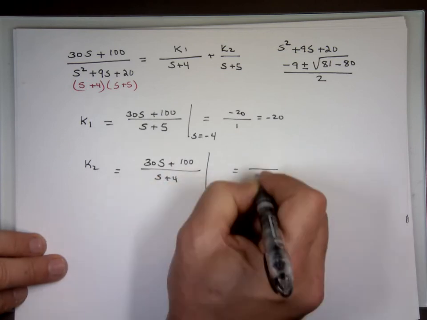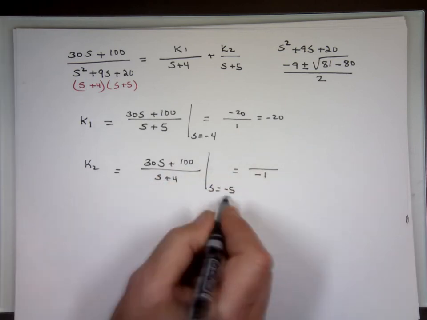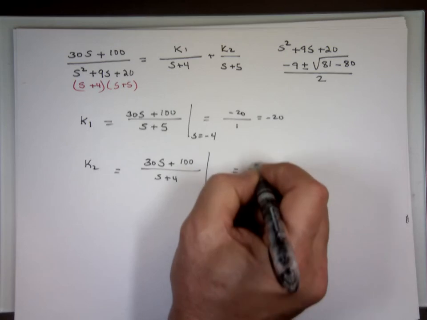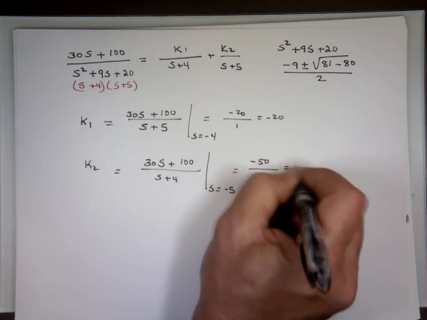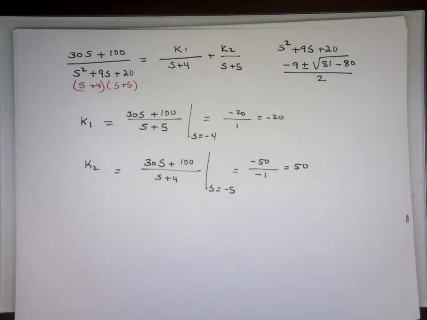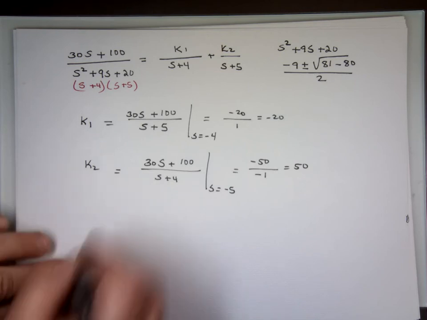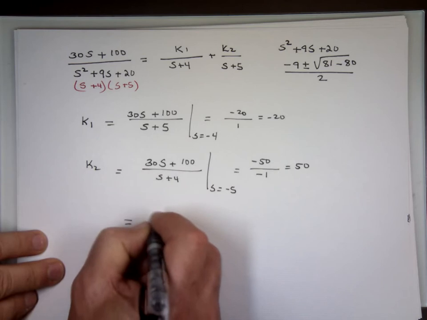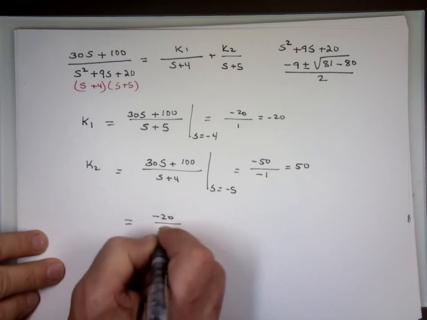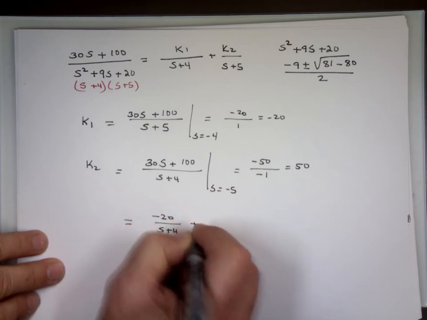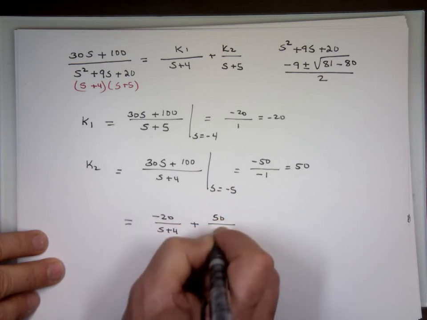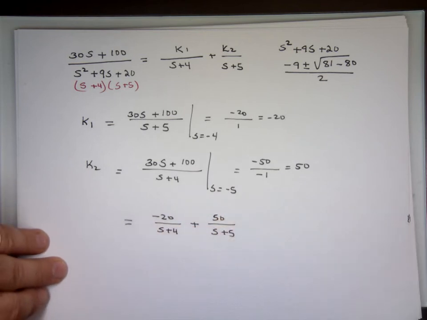Negative 150 plus 100, negative 50. So I can write that as K1, which is negative 20 over s plus 4, plus K2, which is 50 over s plus 5. And I just said, if you remember, K over s plus alpha, is this the answer?